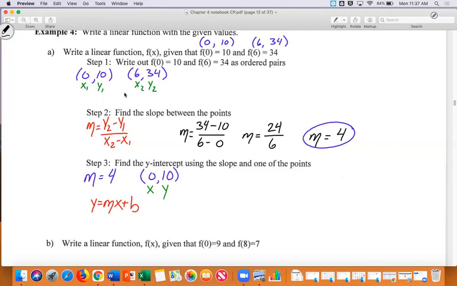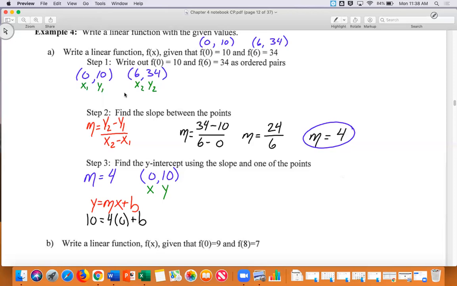So I have y is 10, m is 4, x is 0, plus b. What is step number 4? Solve. It is solved. Now anything times 0 is 0.